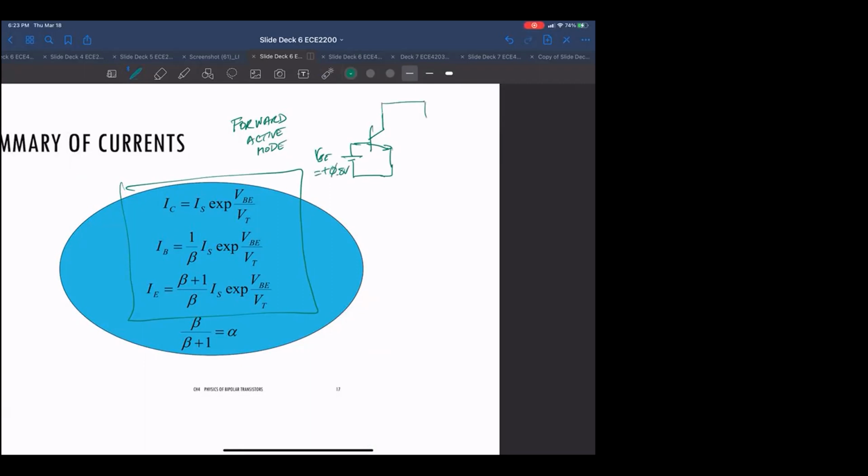And the collector emitter is +1 volt to +3 volts or higher. So this guy is forward biased. This guy is reverse biased.